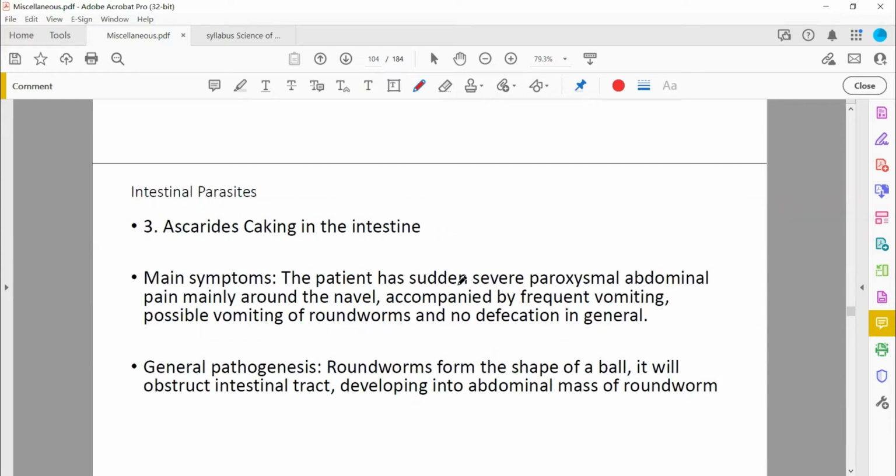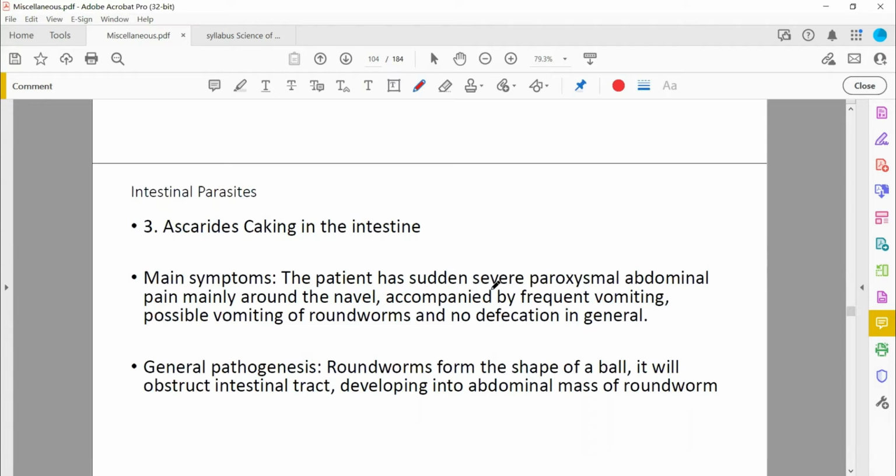Let's see what happened here. Ascaris is kicking in the intestine.